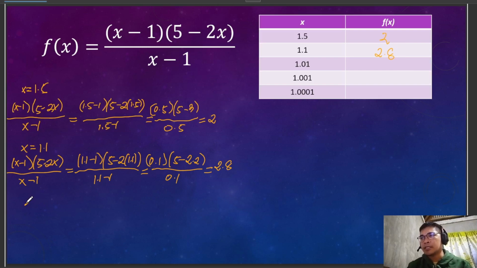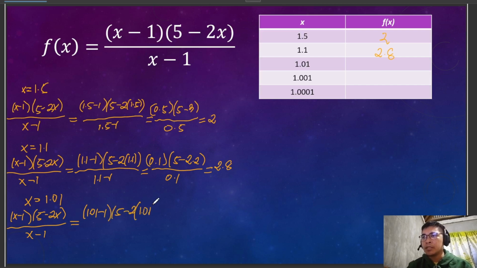Next, x is equal to 1.01. So x minus 1 times 5 minus 2x all over x minus 1. Substitute: 1.01 minus 1 times 5 minus 2 times 1.01, right? All over 1.01 minus 1.